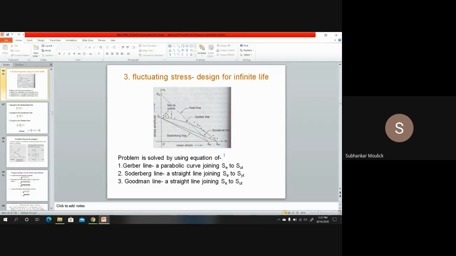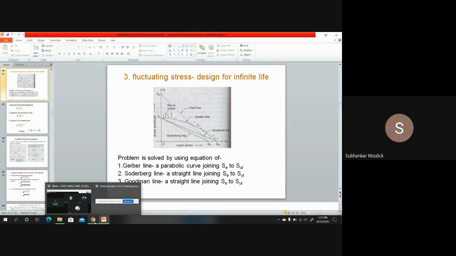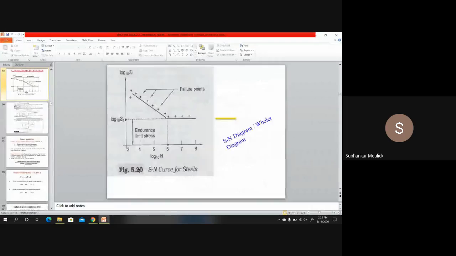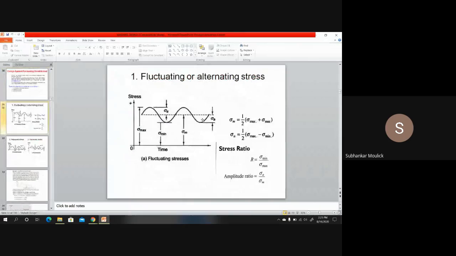Fine. So if only mean stress is acting in any particular component, yes, if you see this diagram, this is my mean stress. If mean stress is acting in any component, that means that component is subjected to static load.